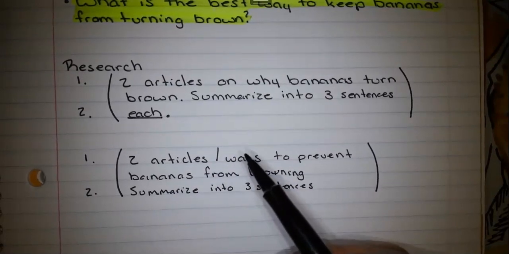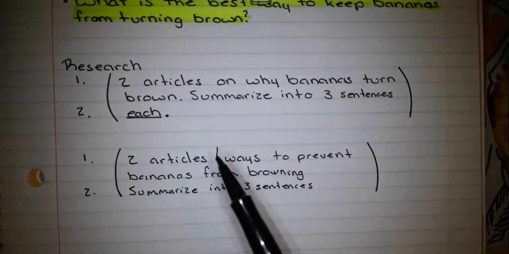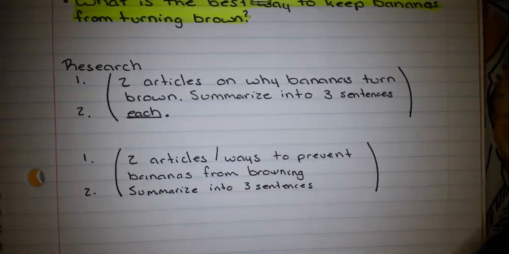I'm going to put it into the format of research, that's going to be the assignment, and then scientific method. The first one's going to say why bananas turn brown, number 1, and why bananas turn brown, number 2. And then preventing bananas from browning 1, preventing bananas from browning 2. Okay, and all of this is going to be typed, and I'm going to give you that assignment.